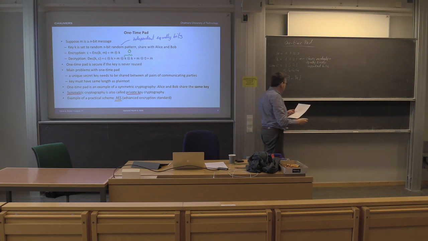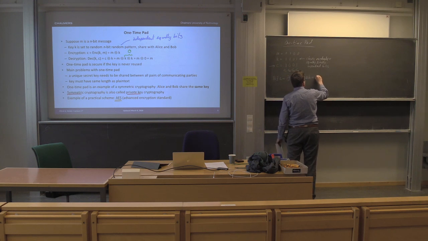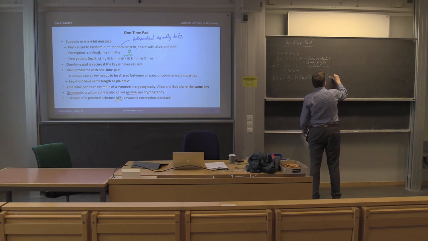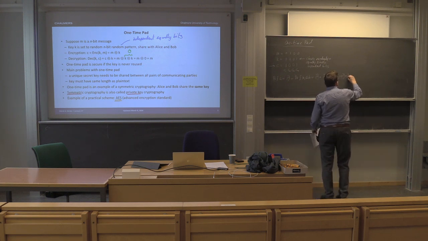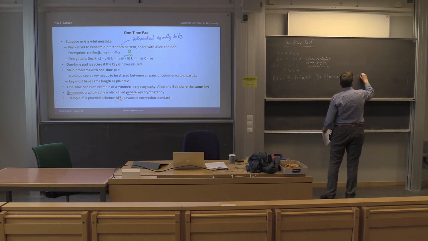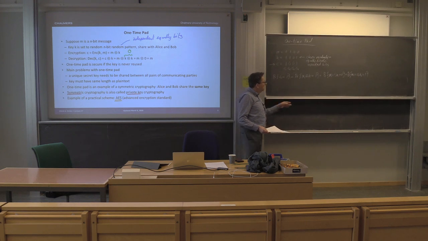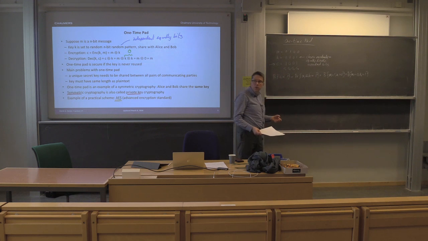So it's the probability that M1 plus K1 is equal to 1, which is the probability that M1 is 1 and K1 is 0, plus the probability that M1 is equal to 0 and K1 is equal to 1. These are mutually exclusive events, so we can just add the probabilities for these.